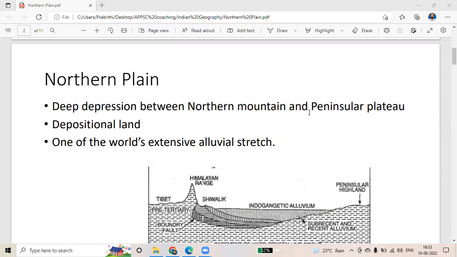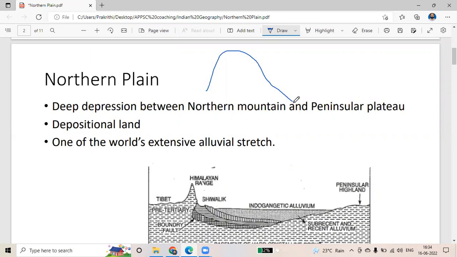Actually, what was there before? The Himalaya was created after the collision of the Indo-Australian plate with the Eurasian plate. As a result of this collision, we got the Himalaya.